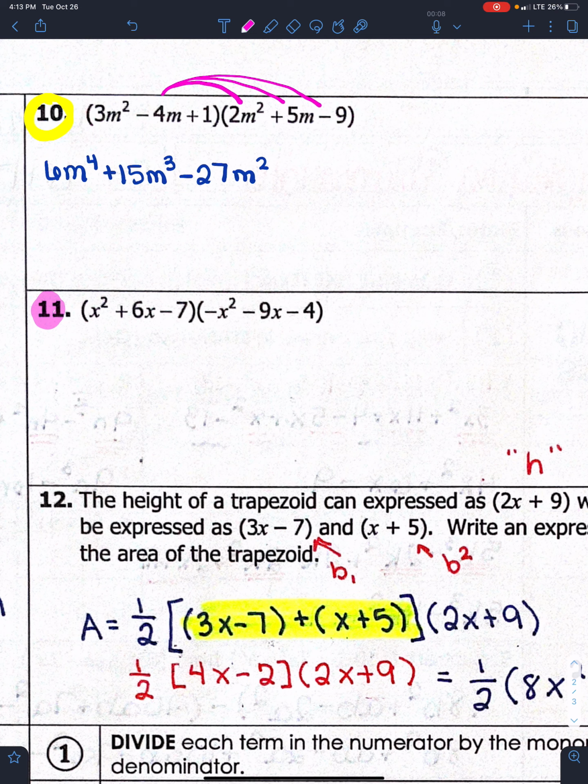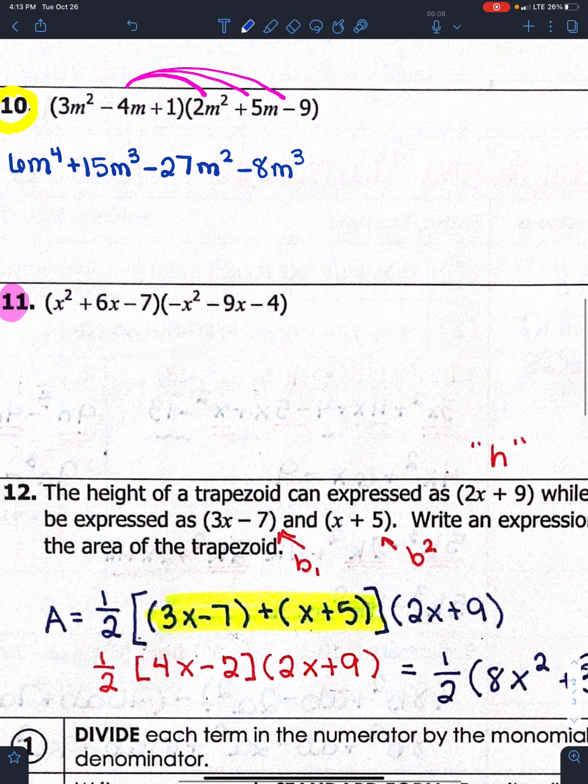First off, negative 4m times 2m squared would give me negative 8m to the 3rd power. Negative 4m times positive 5m gives me negative 20m squared. And negative 4m times negative 9 gives me positive 36.